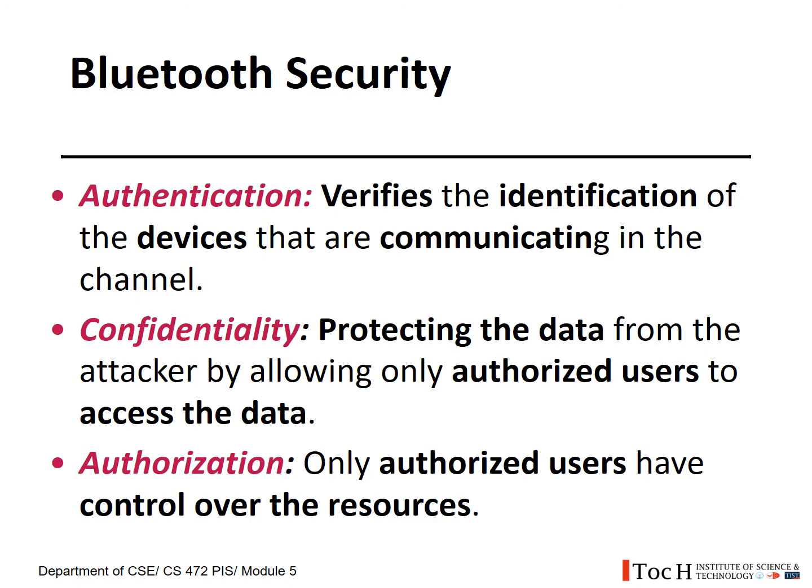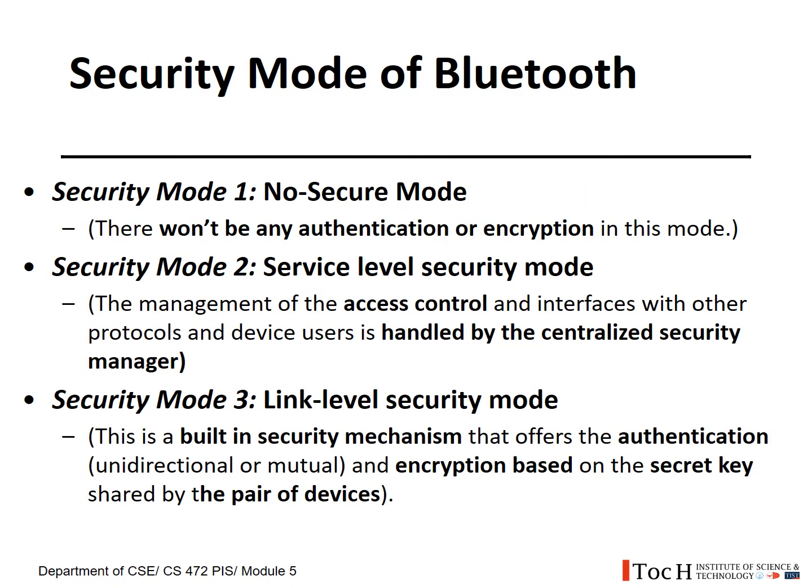Confidentiality is protecting data from unauthorized access, that is, allowing data to be accessed by authorized users only. And authorization stands for allowing only authorized users to have control over the resources.